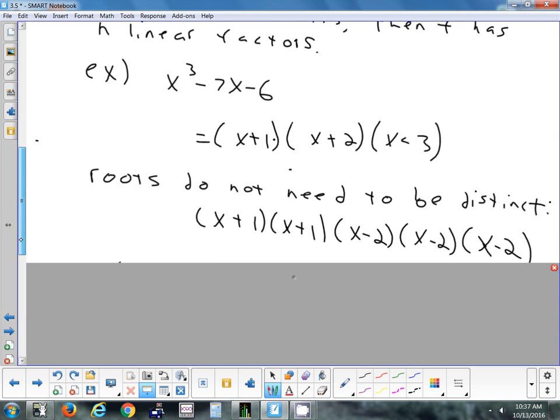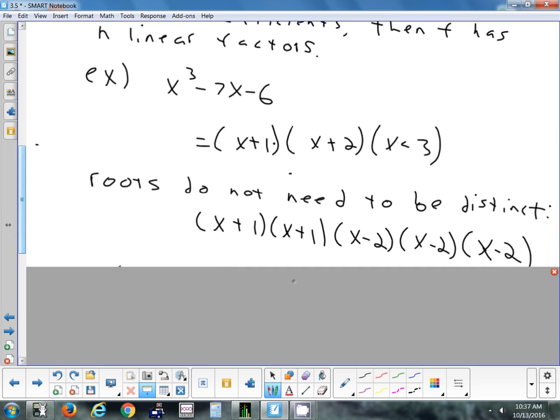Yep. Why would you say it's x plus 1, x plus 2, and x minus 3? If you did synthetic division with a root, I think what you wrote was like the 3, the 1, 0, -7, and -6.